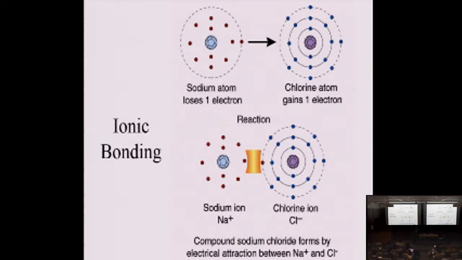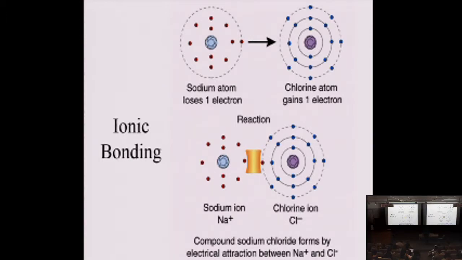So here is an example of ionic bonding. In this case, we have a sodium atom. And how many electrons are in its outer shell? One, yeah. So what this atom wants to do, to anthropomorphize an atom, is to get rid of that one electron. Then you have chlorine, and how many electrons in its outer shell?